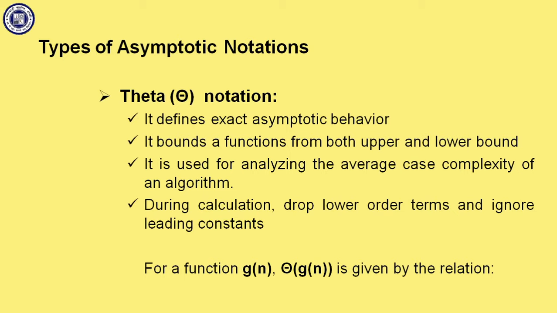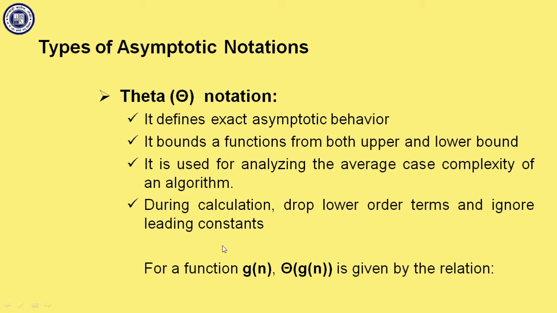Average case means upper bound plus lower bound upon 2. It does not exactly give upper bound plus lower bound upon 2, but nearly it calculates the average case complexity. So during the calculation, we drop the lower order terms and ignore the leading constants.